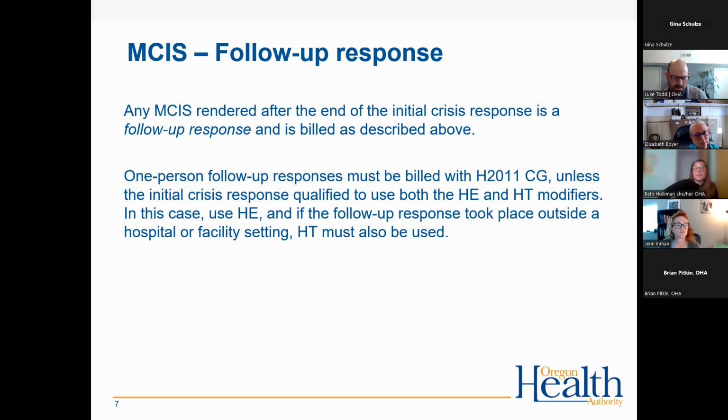The jail one is a little different because the issue is not so much the location, but whether or not someone loses Medicaid eligibility while incarcerated. So that one has nuance that's a little more complicated than just where the response goes to, if that makes sense. But I do feel confident saying the waiting room at the emergency department would not be considered, so you would not use the HT modifier in that case.